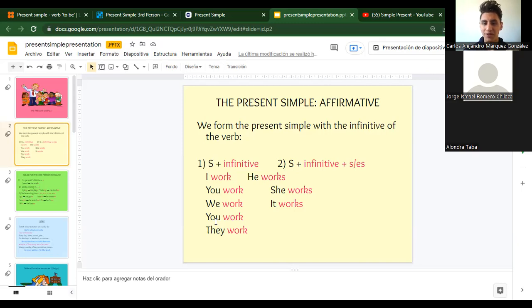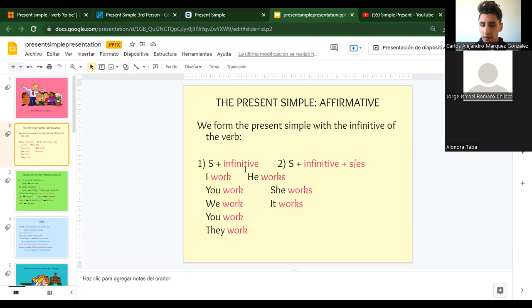Remember that subject pronouns, we saw them in our first class, and they are I, you, we, and they. Remember that you might mean tú or ustedes in Spanish. And also we have he, she, and it.